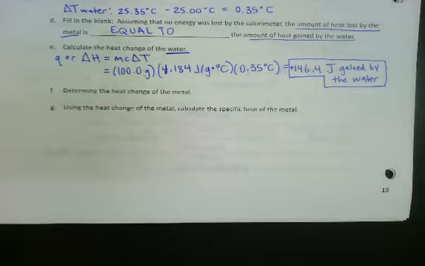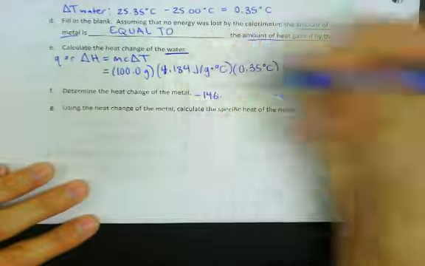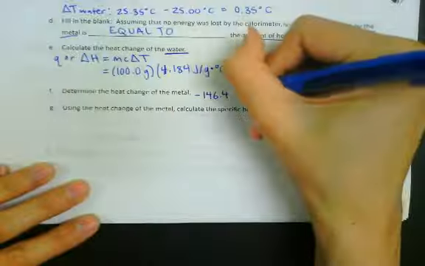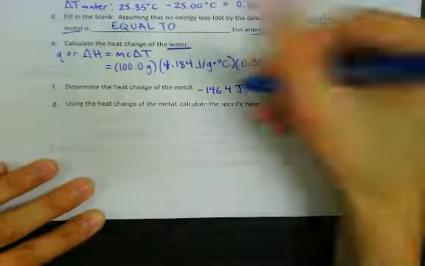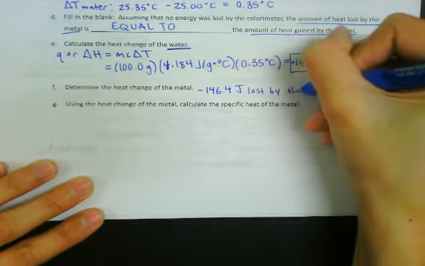Knowing that the amount of heat lost by the metal is equal to the amount of heat gained by the water, would anyone like to try and tell me what the heat change of the metal is going to be? Yes, negative 146.4 joules is lost by the metal.